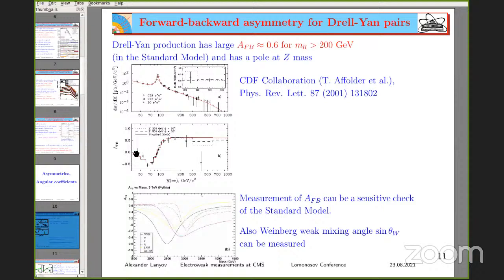For example, here there is a plot from the CDF collaboration, 0.6, and there is a pole at the Z mass. What is interesting in this measurement is that it can be a sensitive check of the standard model, and also the Weinberg mixing angle can be measured.